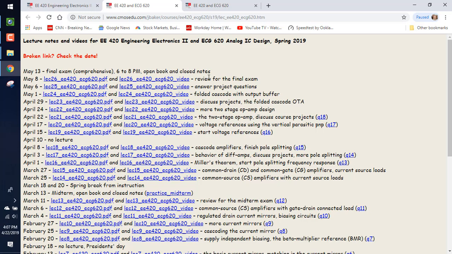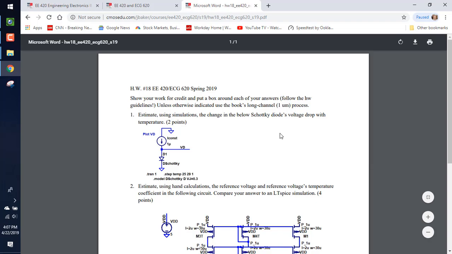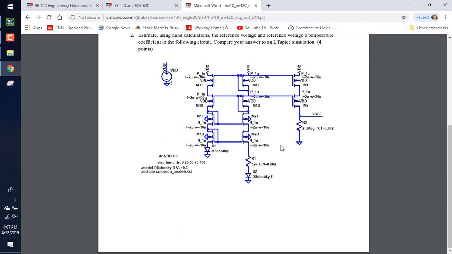Let me just make sure, because this would be a good quiz question for today. So let's see. This was 18. Just to make sure we follow how to do this problem, number 2.